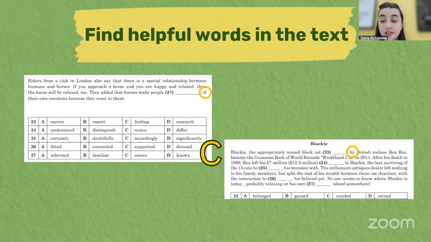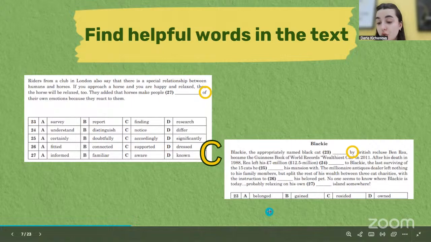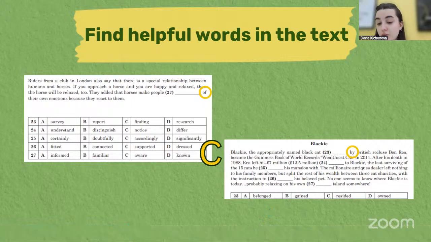So here, let's start with the word belonged. We use belong when we want to describe that this object is in ownership of some person or some other object. For example, this house belongs to me. We usually use this word as an active one, not in the passive.